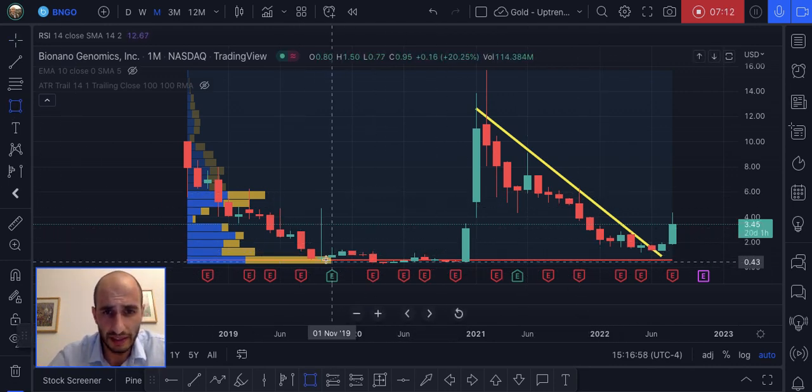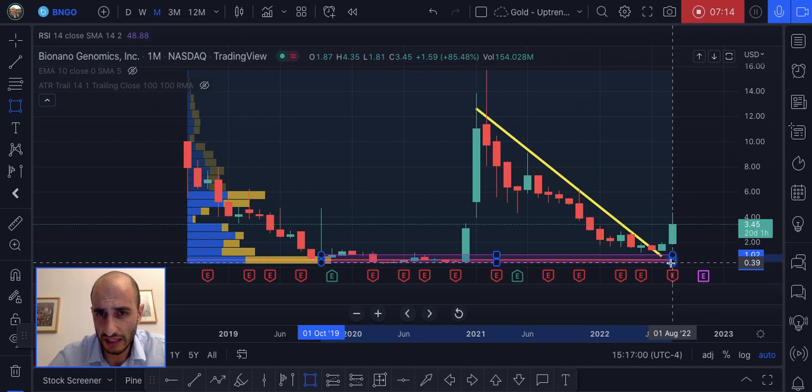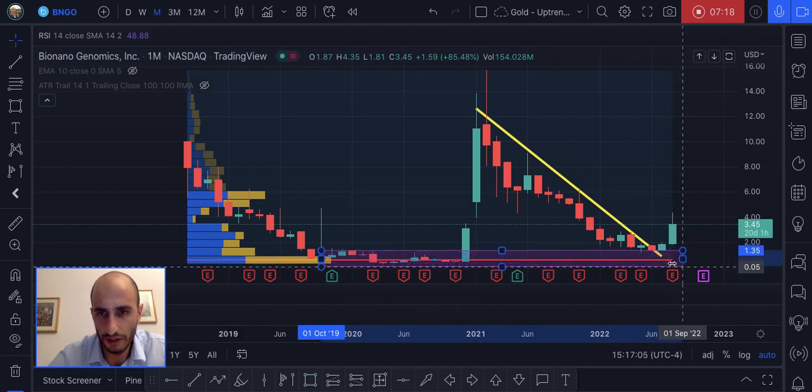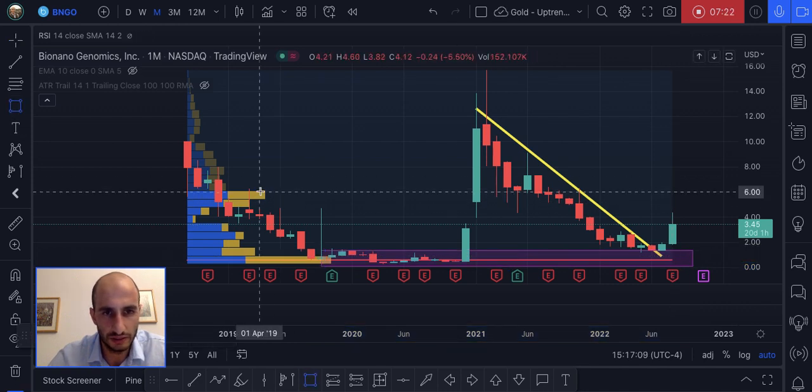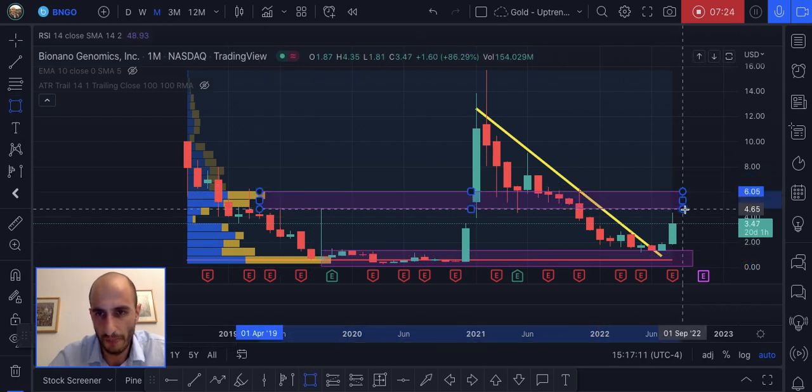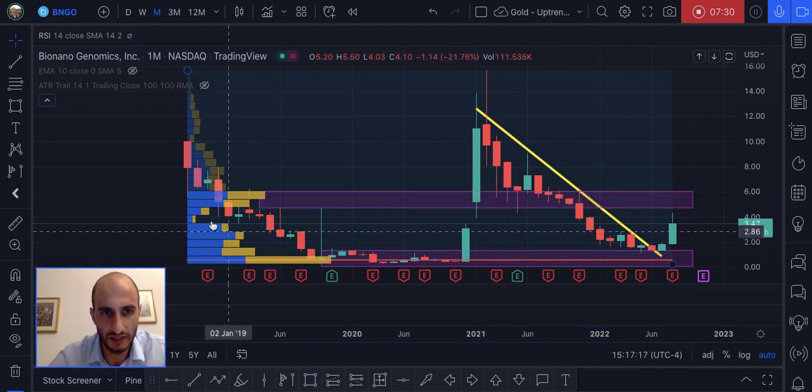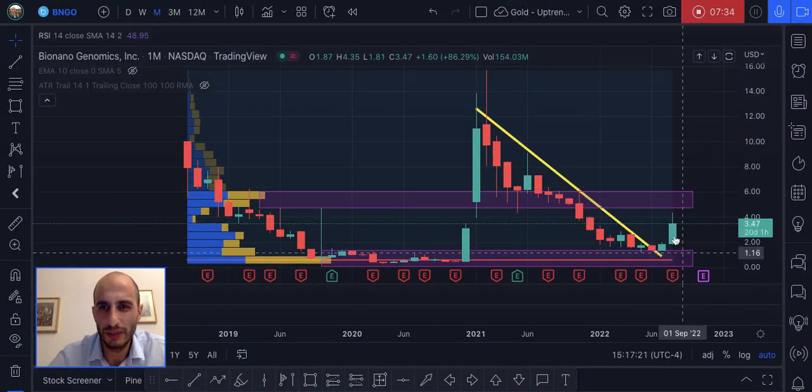So we have this congested area here, this volume area here, and this is also a congested area. We see that here there's very little trading or none. Price tends to get attracted to these levels.